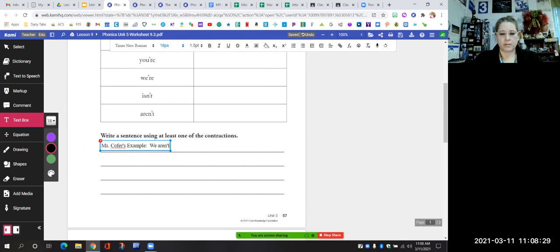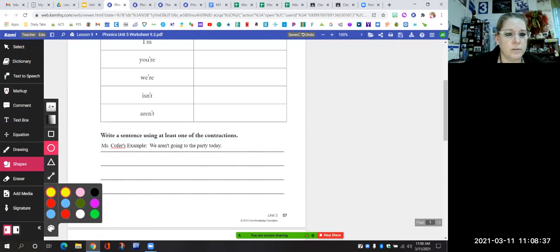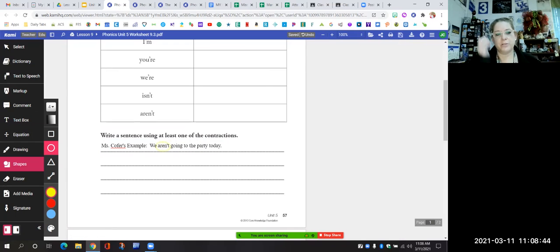We aren't going to the party today. All right, and then I'm going to use my circle to highlight aren't. So I want you to write a sentence using at least one contraction and then circle the contractions that you use.